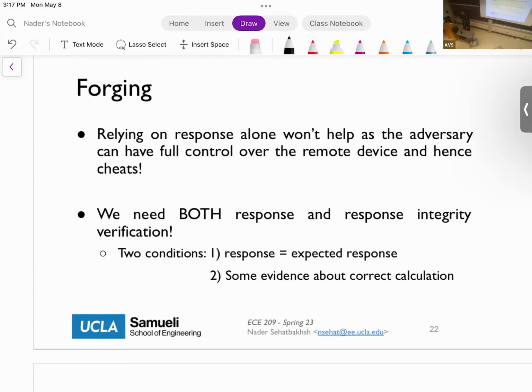The malware could be so powerful that essentially the entire attestation protocol no longer actually works for it. Okay, so in order to get some confidence about the results that we are getting, we need to basically check two things. We need to check the response and compare it with the expected response. This is the hash value based on the nonce.